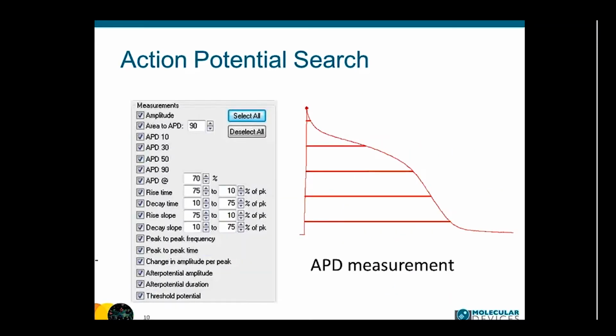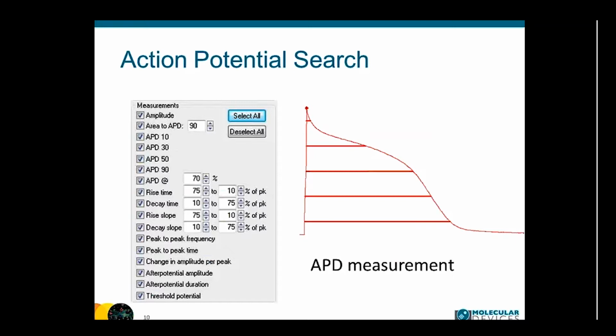Now, in the action potential search window, you can see how we can measure. We can measure the amplitude. We can measure the area to APD that you customize, 90 or 50. Or you can measure APD 10, 30, 50, and 90, or you can customize 70% or 39%, okay?